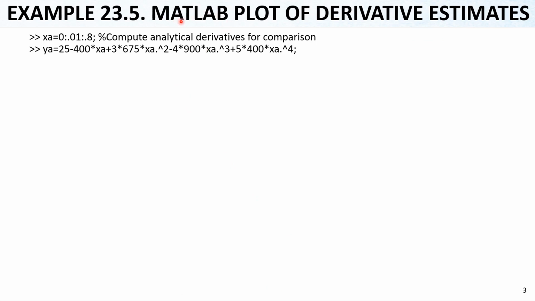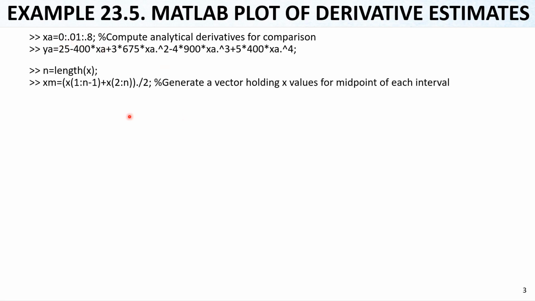Now let's plot the derivative estimates of the numerical approximations that we obtained in the previous slide. We have the xi and yi, and these are the vectors to be generated, and these are the midpoints of the x values. You can get midpoints to plot them.